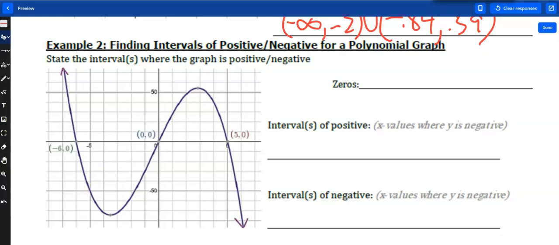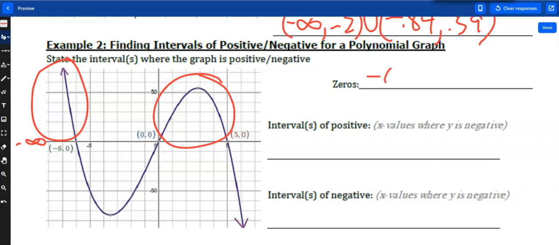State the intervals where the graph is positive or negative. Now, positive and negative, okay? This section of the graph is positive and this section of the graph is positive. So that's -infinity to -6. So it's based on the zeros, right? So we know that we've got -6 and we've got 0 and we've got 5. So all of these intervals are going to be based on those numbers.